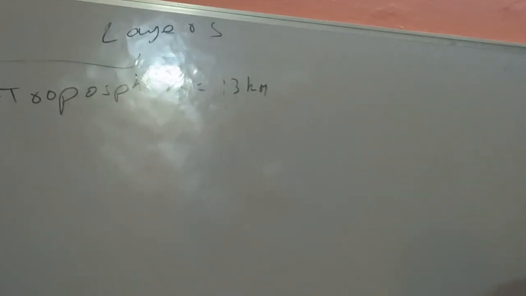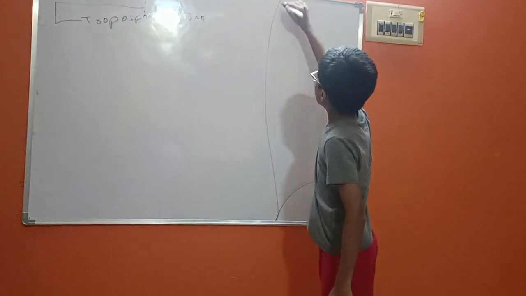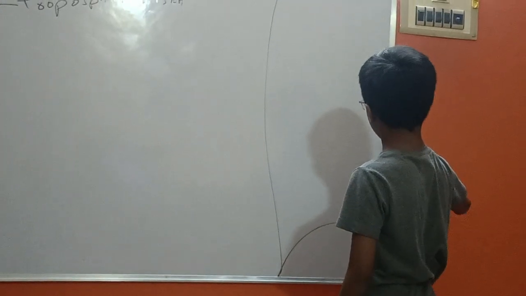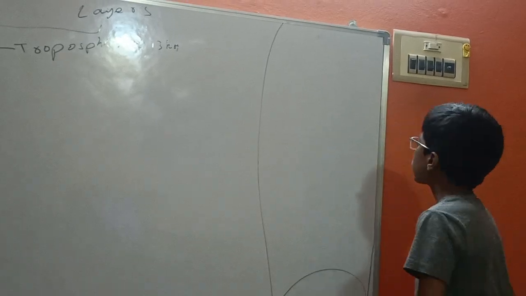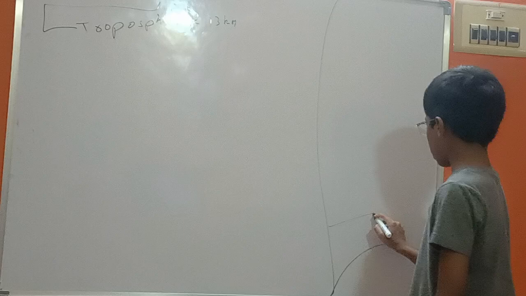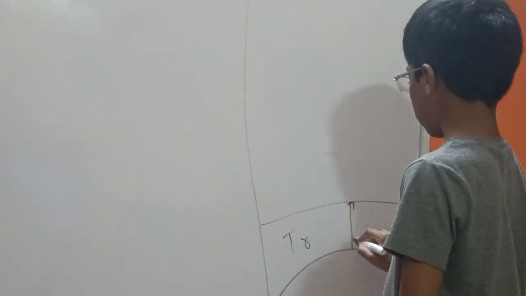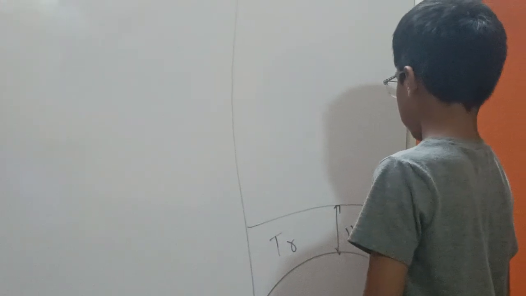Suppose this is our land, and these are the layers of the atmosphere. Up to here is the troposphere, 13 kilometers.